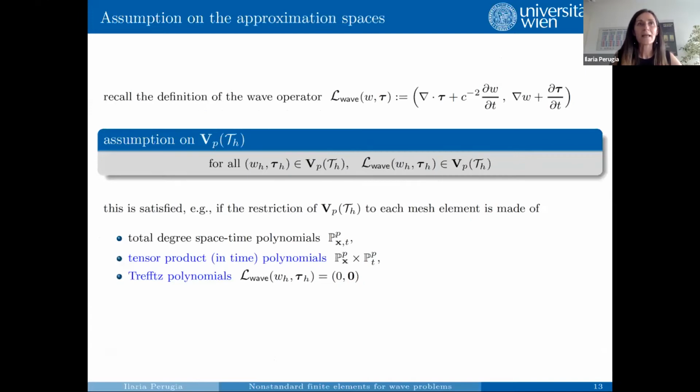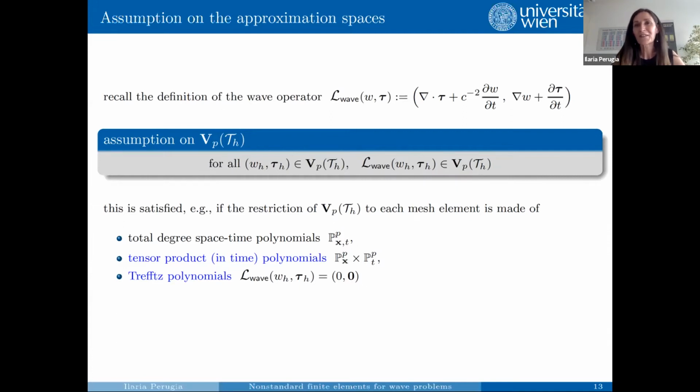As far as the spaces are concerned, I recall the definition of the wave operator, and my assumption is the following. If I have a pair of piecewise polynomial functions which are in my discrete space, then their image through the wave operator also has to be in this discrete space.